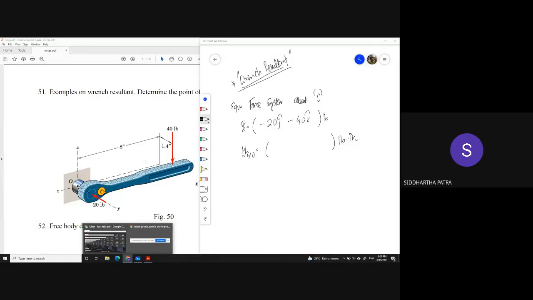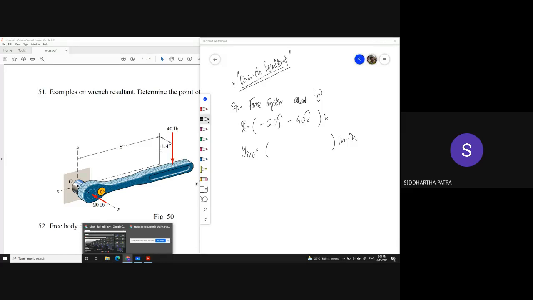Okay, you see, if you look at this 8-inch distance, the first thing that comes to your mind is that it is going to be 320j. But don't use your intuitions. Use actual position vector. Then you are actually not considering 1.4 inches.